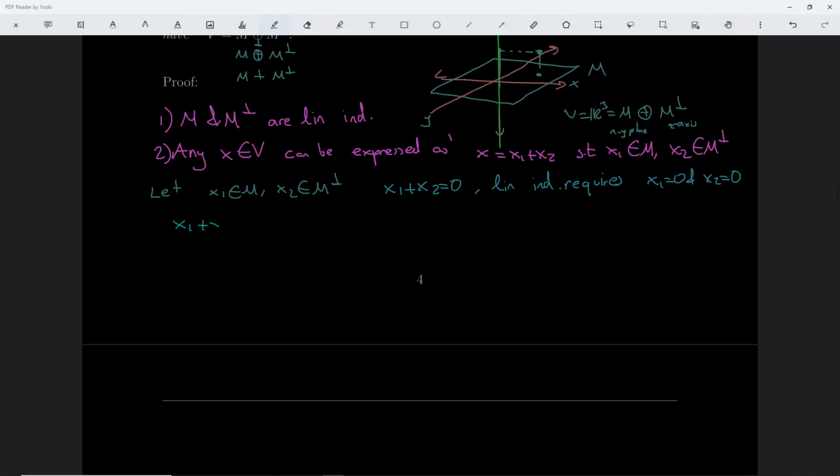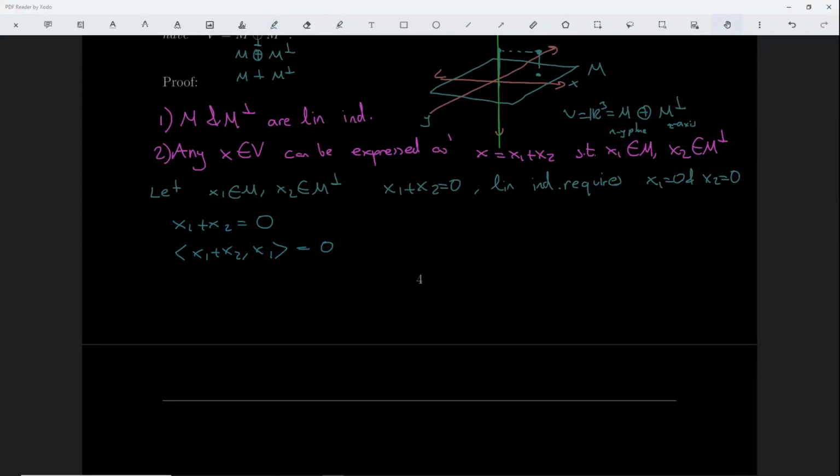So let's start with writing down x1 plus x2 is equal to 0. What I would like to do is investigate the inner product of that vector with x1. So I can write that as the inner product of x1 plus x2 and x1, which is again equal to 0.